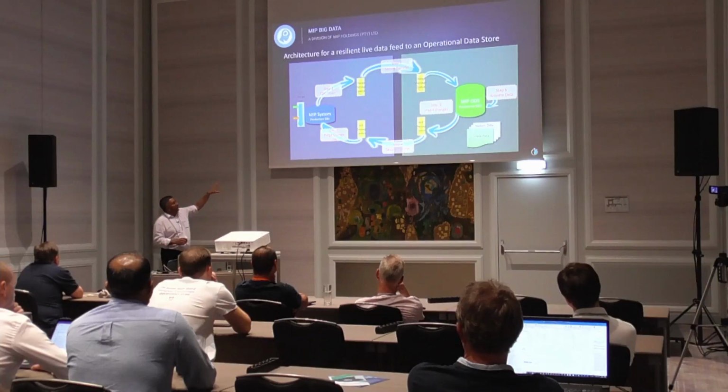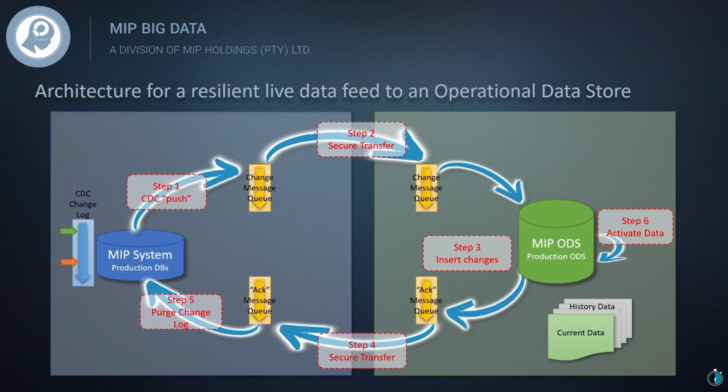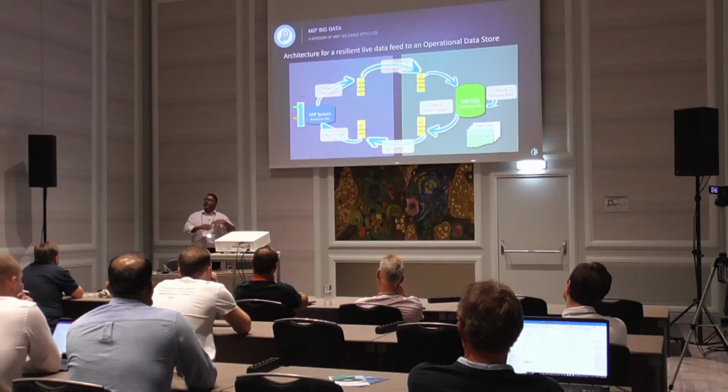So having this loop back where we get an acknowledgement message back on the production system had two benefits for us. Number one is it kept our Progress database small, because as we sent the data out to the SQL Server database and we got a message back, we purged those change logs out of the Progress database.